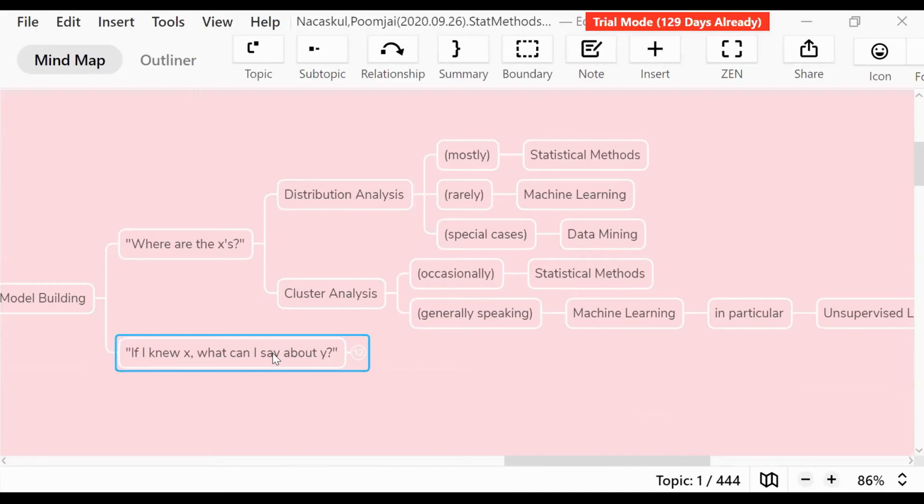That would be something like, if I knew the person's weight, can I guess his height? Or if I knew his height, can I guess his weight? Right? Some kind of function. X predicts Y. If X, then Y. X causes Y, or only X is correlated with Y. But somehow it will really work.